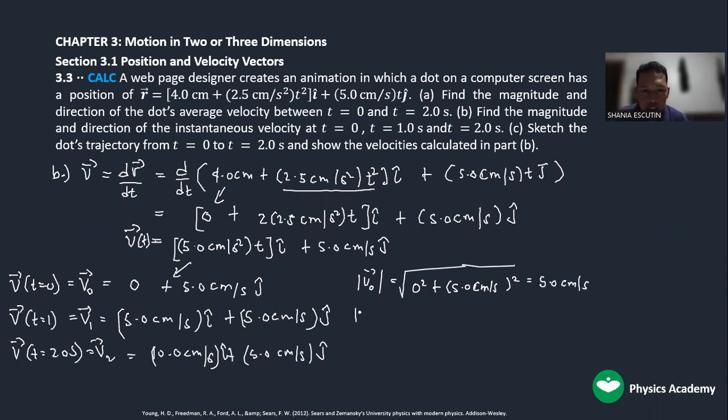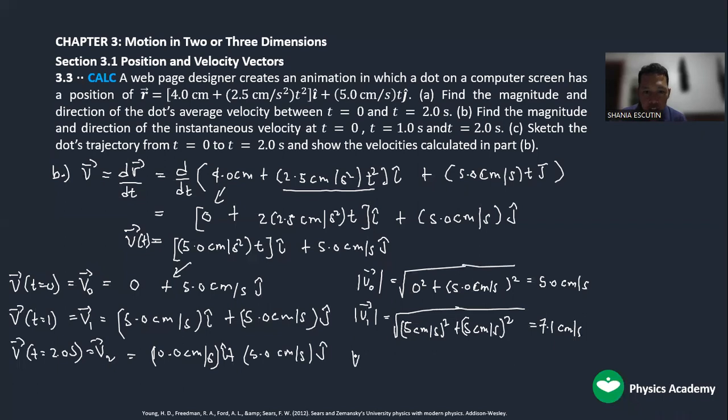So if you want to find the magnitude of v sub 1, you have the square root of 5 squared plus 5 squared. So I guess that is 7.1 centimeters per second.